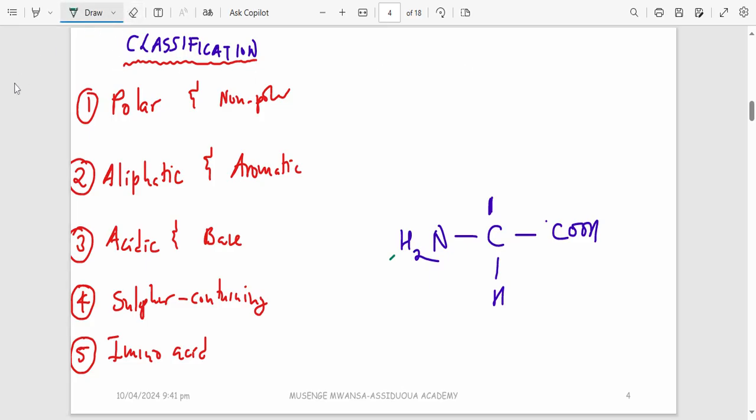And then let's look at one more. We can look at some other few examples. So I've got CH2, and this one is bonded, let's say, to a ring like this one.